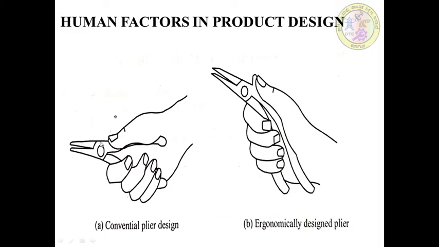You see a cutting plier, and this is the hand, and it is straight in nature. This is the ergonomically designed plier. You see that this is very comfortable. With the conventional design it is very difficult to handle some situations. Here it can be easily handled, as it fits our hand. That is what ergonomic design is concerned with.